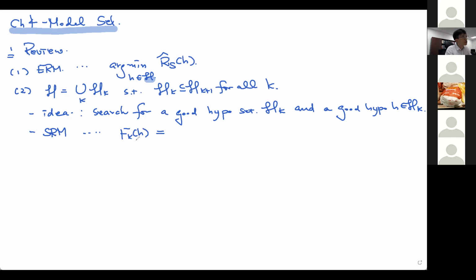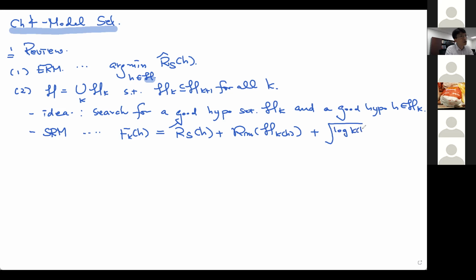That objective is written as F_k(h). It has the usual empirical risk component, but it has another component that measures the complexity of the smallest hypothesis set that contains the hypothesis h. The measurement was the Rademacher complexity of the smallest hypothesis set that contains h, and then some penalty that's related to the index k(h).